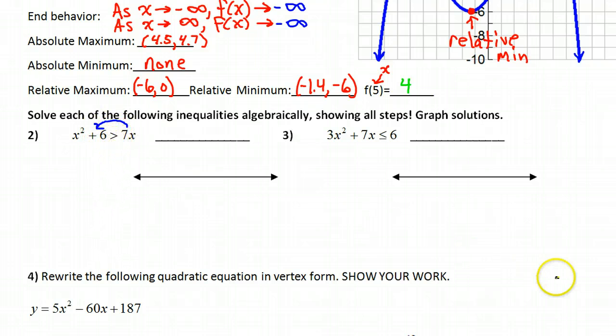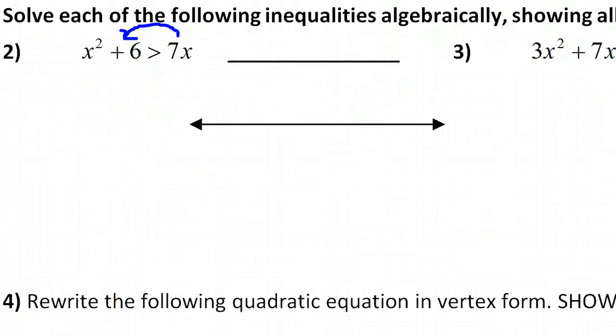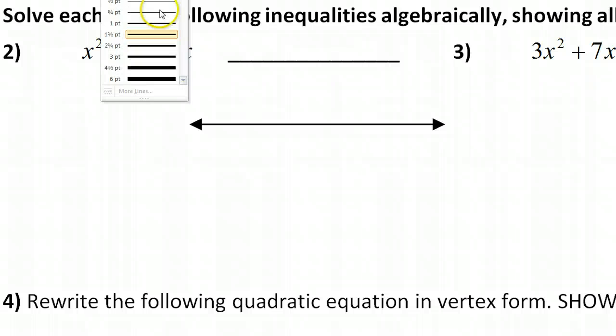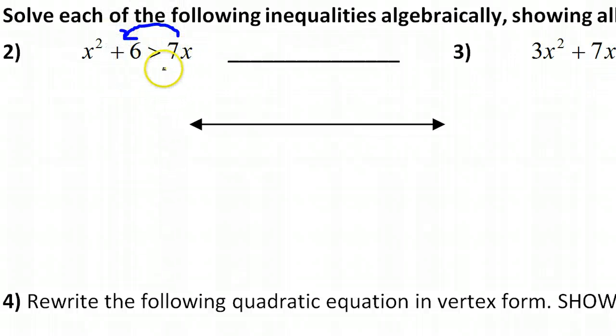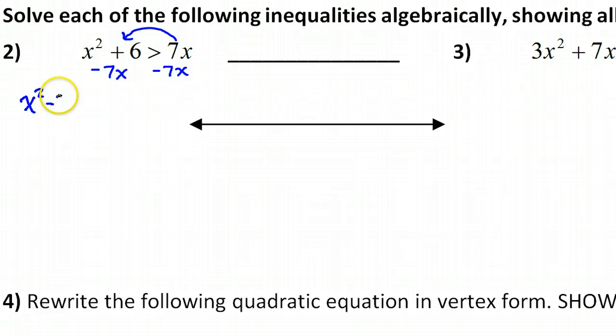Let's subtract 7x from both sides. So what we have is x squared minus 7x plus 6 is greater than 0.